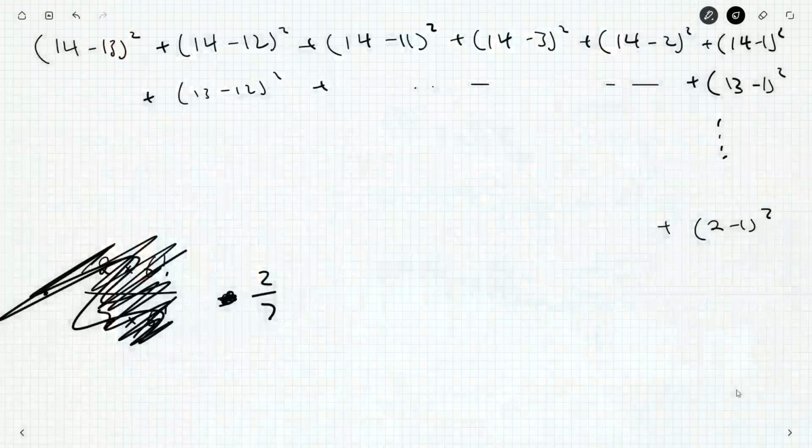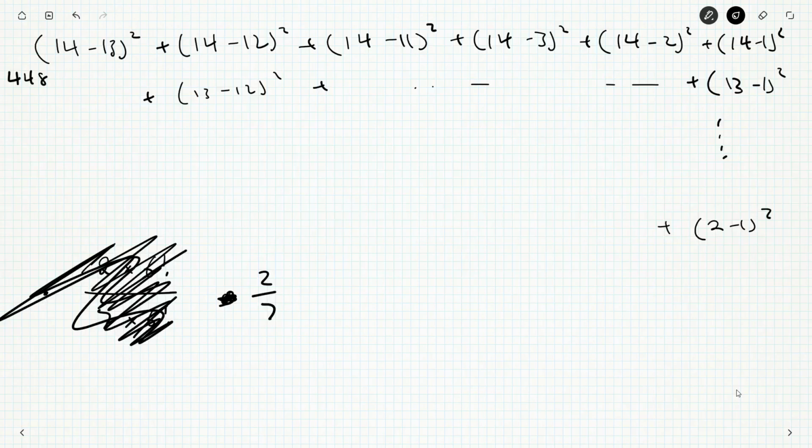So that's the first row. That's 448. I'm going to write this down just in case I miss a button press. You don't want to screw it up at the last second.